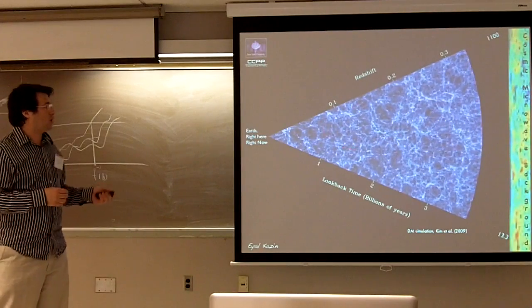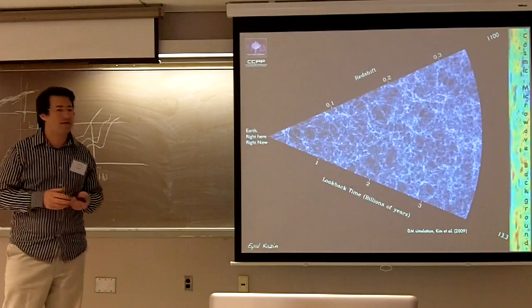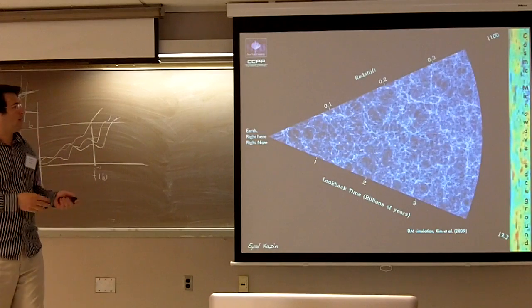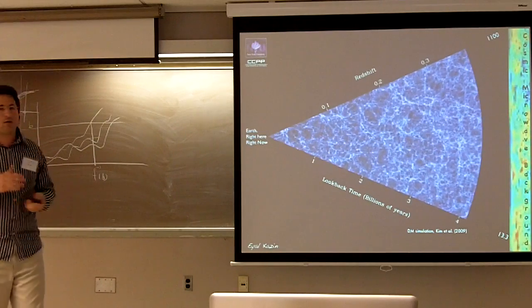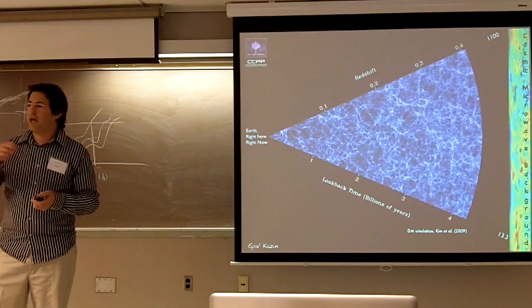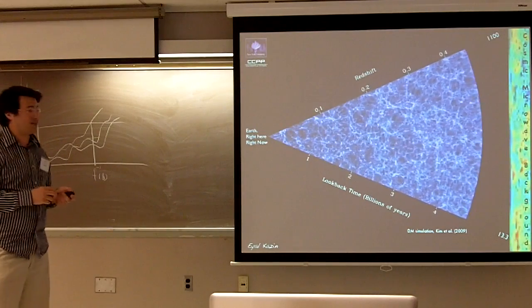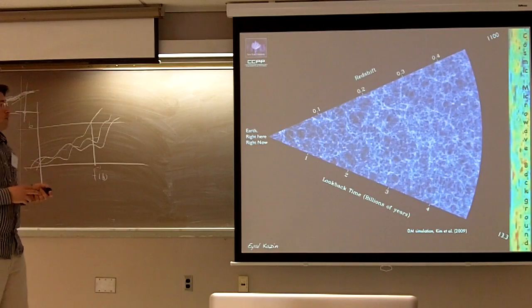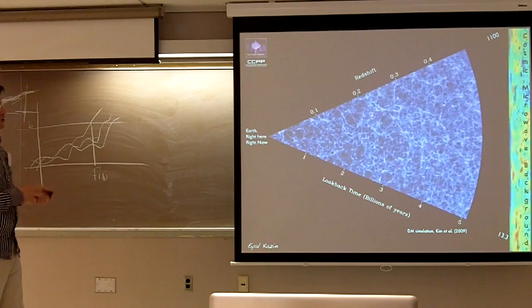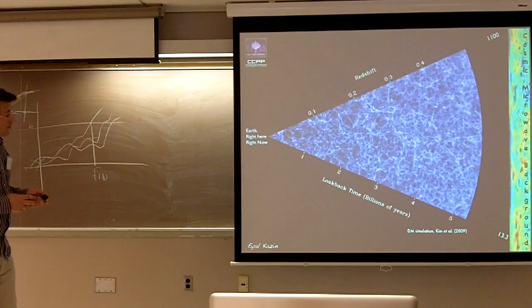But in order to understand structure, we need some breaking of the symmetry. And so these are cold and hot spots that we see only after we take off layers at the degree of 1,000%. So that shows how uniform the universe was back then, as opposed to the structure that we see today.